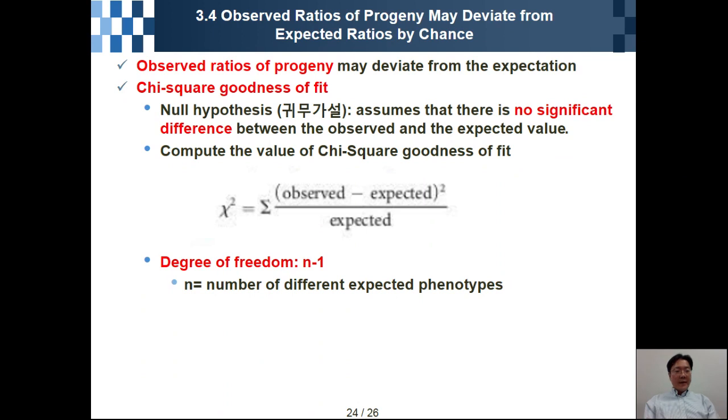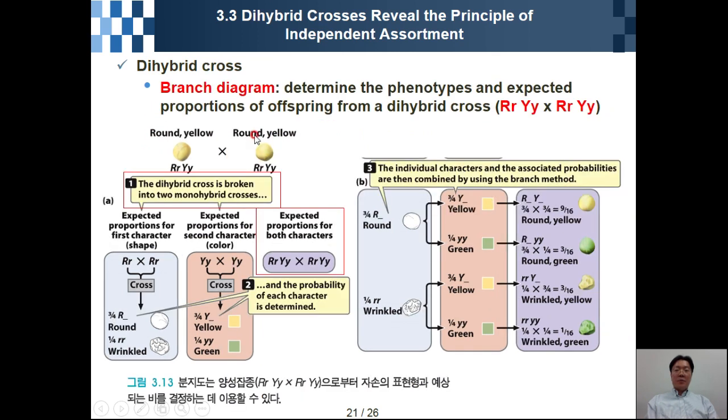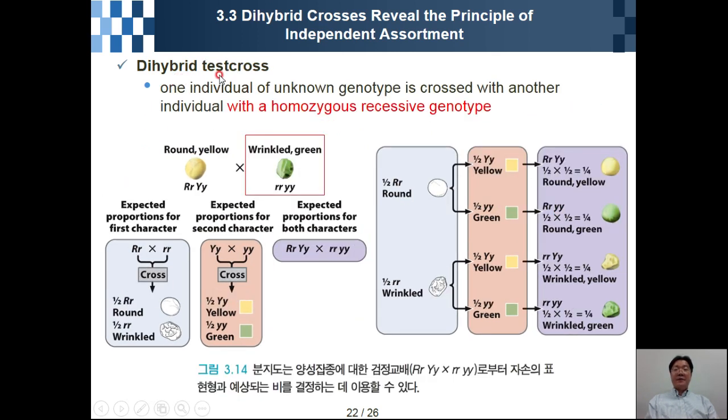So in this slide, we will cover the final subject. The observed ratio of progeny may deviate from the expected ratio by chance. It's a little difficult to understand, so I will explain it in detail, okay? So, for example, this is a dihybrid test cross.